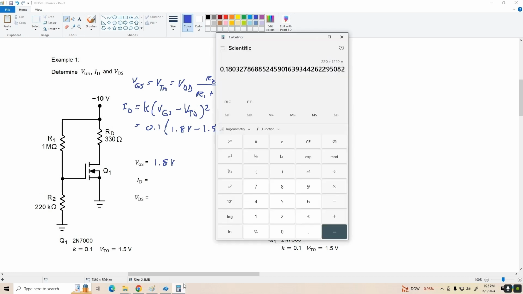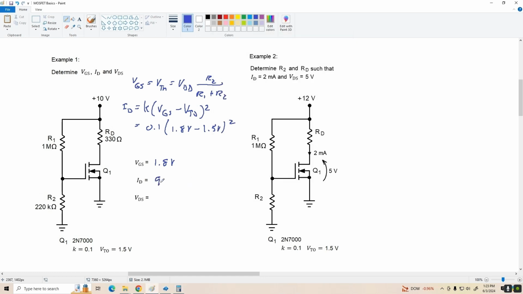Let's see what we come up with here. Okay, 1.8 minus 1.5 is 0.3, squared times 0.1 would be 9 milliamps. Okay, so what we've got is ID equals 9 milliamps.